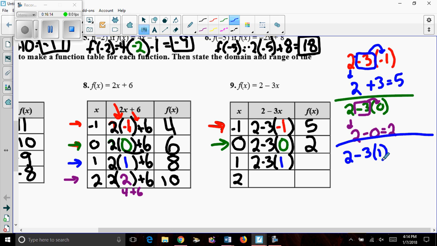Well, 3 times 1 is simply just going to give me 2 minus 3. If I have 2 and I take away 3 from it, I should get a negative 1. Now, I'm going to let you finish this last one. Pause the video. Try out the last rule. Plug in 2 for x and see what you get. Pause now.